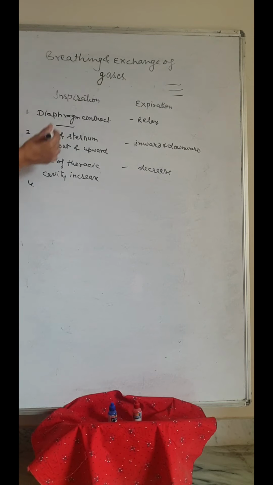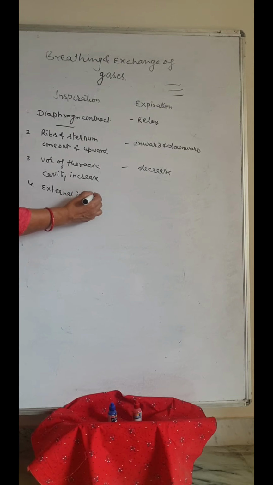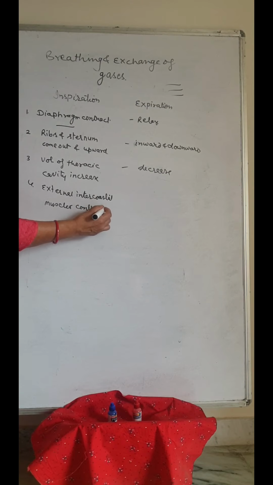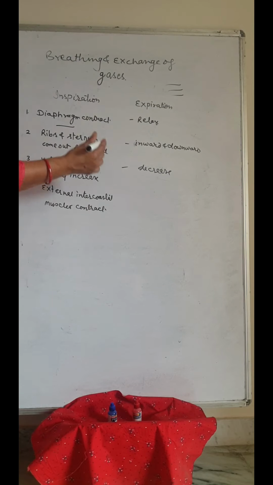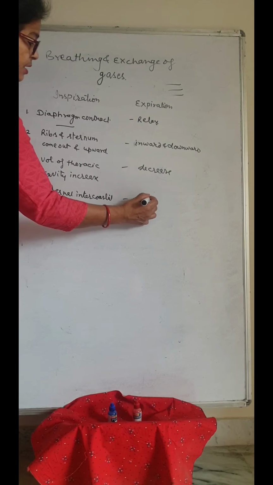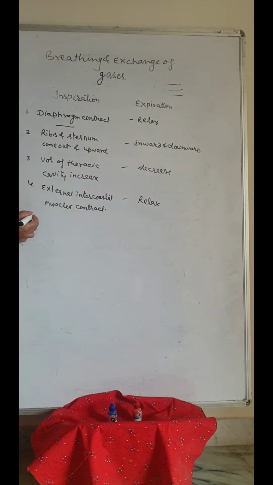So the external intercostal muscles contract. There are 11 pairs found between the ribs. Here they are relaxed. Next, when the size of the thoracic cavity increases, the pressure becomes low.